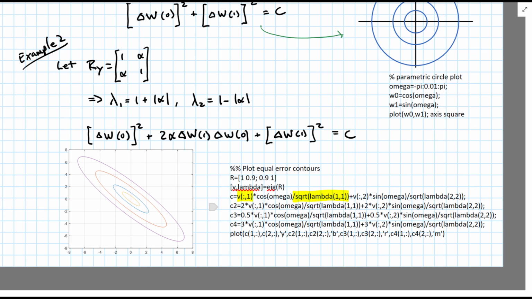But the most important thing is that in the direction of the larger eigenvalue, the ellipse is narrower. And in the direction of the smaller eigenvalue, the plot is relatively stretched out.